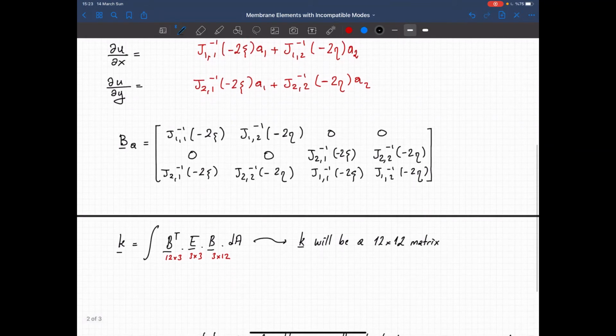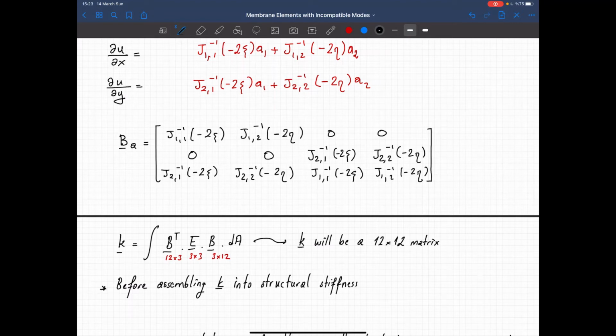So what we need to do is, before assembling K into the structural stiffness matrix, it is a common practice to condense out the generalized displacement terms.